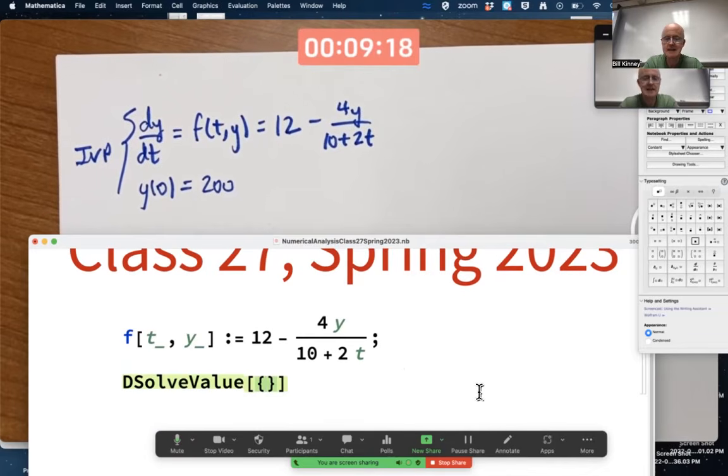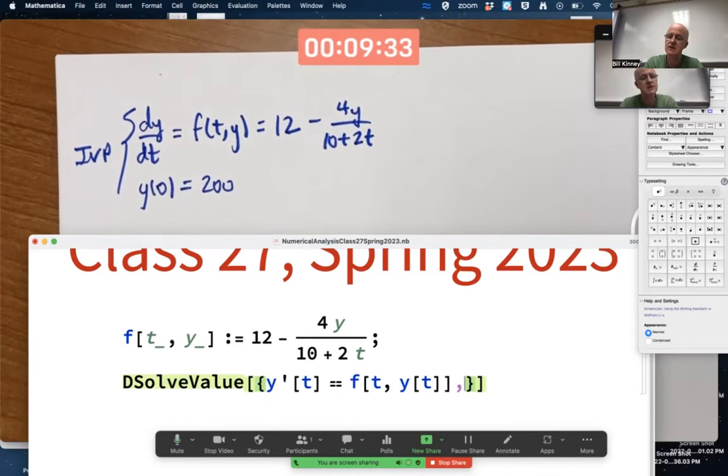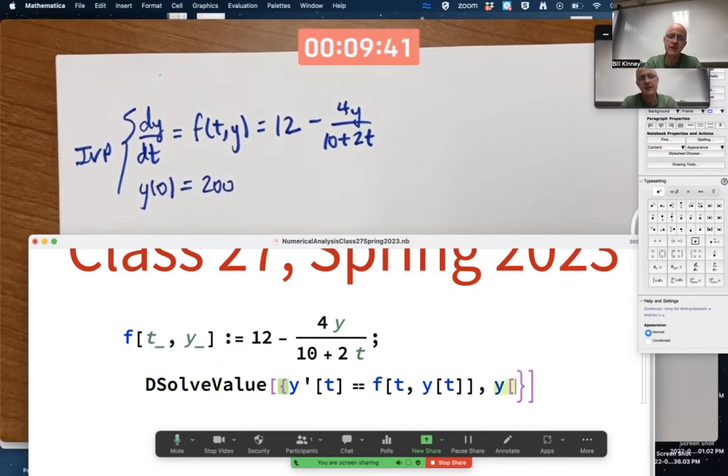Put it inside a list as y prime of t. Don't forget to use double equal signs. And if I've got f of t,y defined, I can just type the right-hand side as f of t,y, but replace y with y of t so that you're emphasizing to Mathematica's syntax conventions that y is a function of t.